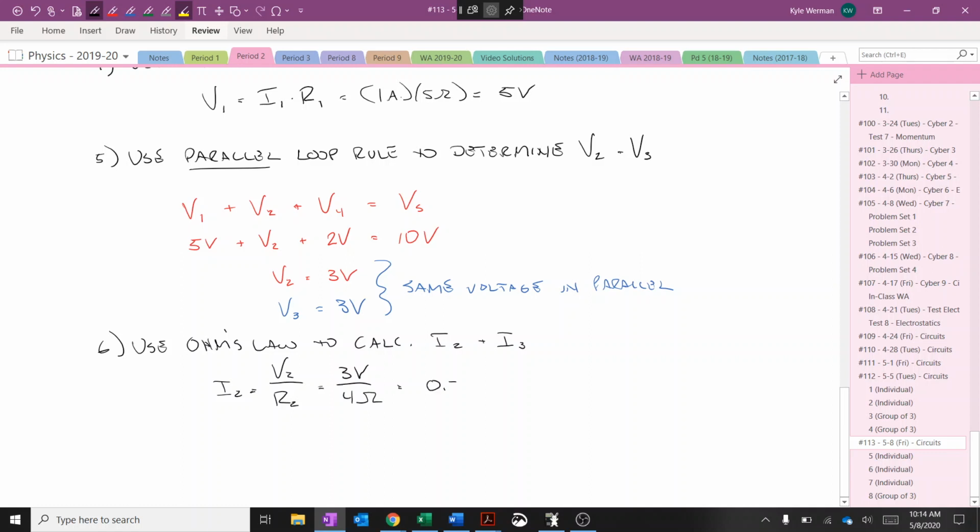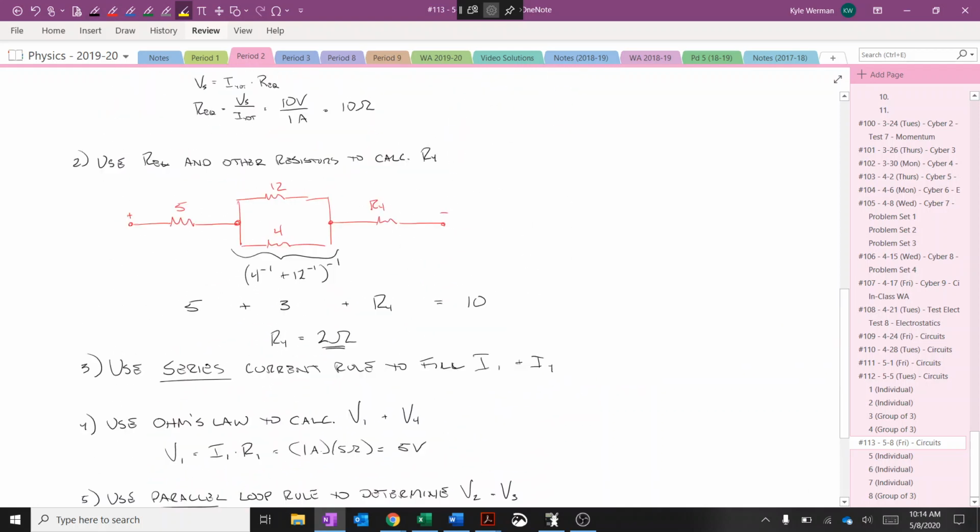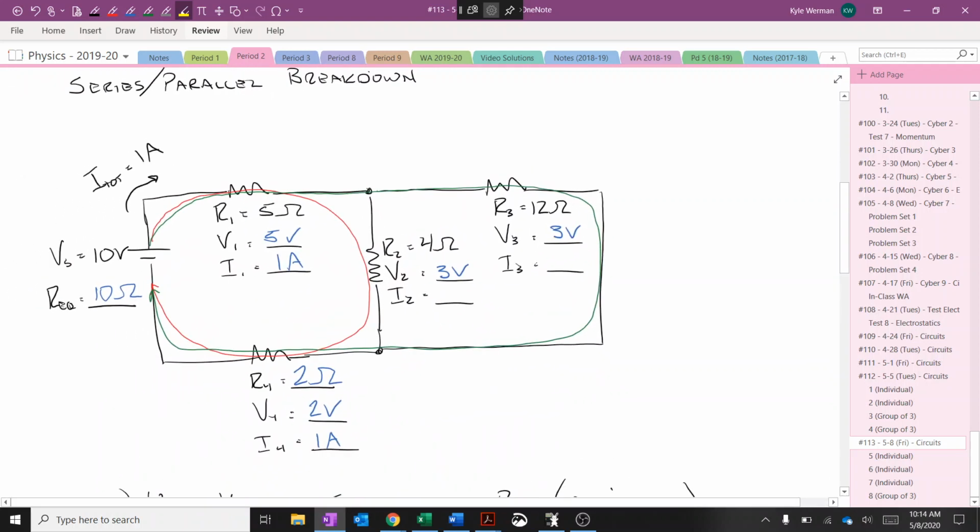And so I get 0.75 amps across I2. So when this 1 amp of current splits, most of it, 0.75 amps, goes here, which makes sense, right? There's less resistance of the flow. It's a faster toll booth, so more of that 1 amp will go through the 4 ohm. Now, we also know because that current splits one way and the other, they should add up to 1. So even right here, I should know I have the remaining 0.25 amps to go here.